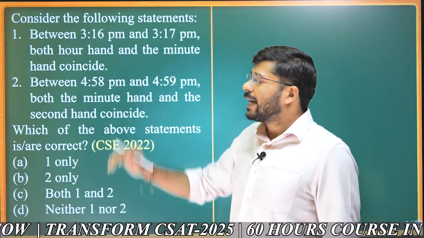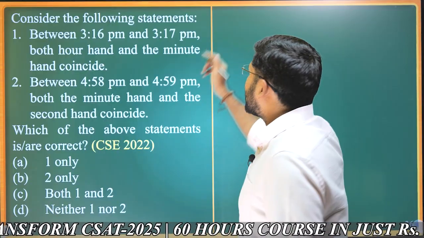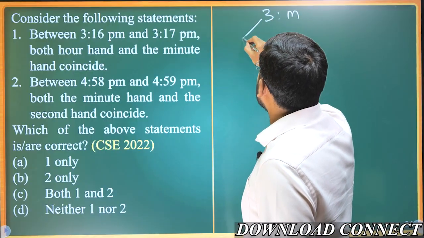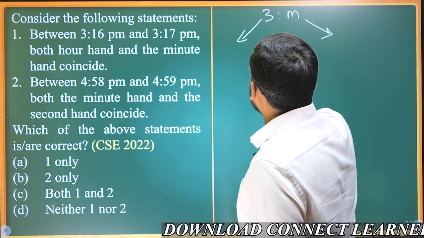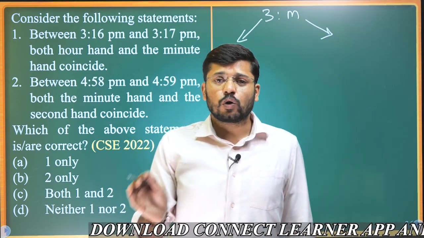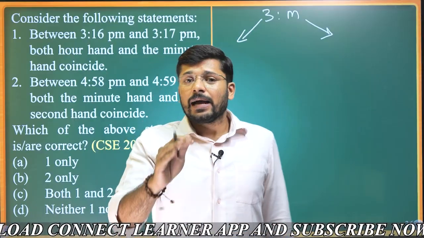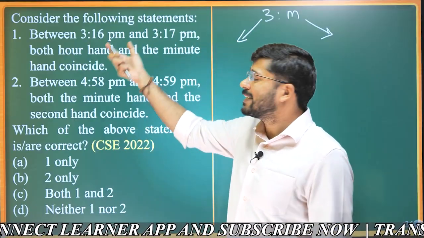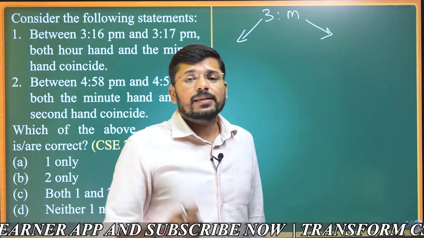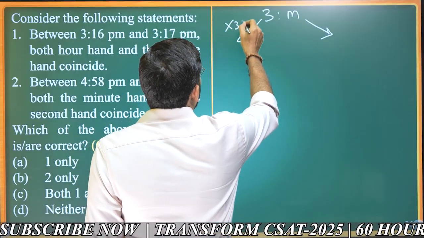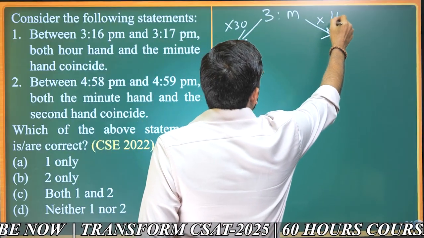So, how do we calculate this? We calculate using the angle between the hour hand and the minute hand method. We know that between 3 o'clock and 4 o'clock, they coincide once. But using this method, we will find the exact time. And if the time happens to fall between 3:16 and 3:17, then statement 1 is correct. So, how do we find the angle between them? Multiply this with 30 and multiply this with 11 by 2.